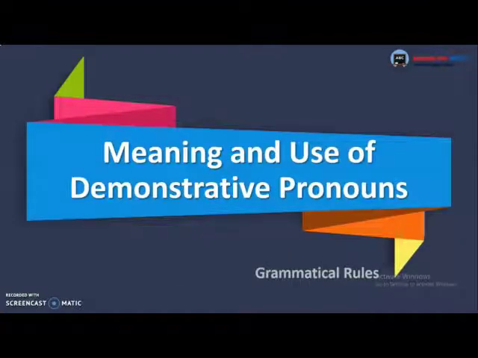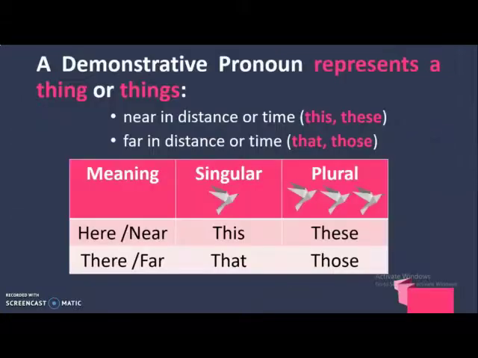So let's go to the grammatical rules in detail. We are going to see how you can use demonstrative pronouns correctly. Firstly, let's look at the types of demonstrative pronouns. So we have said demonstrative pronouns are used to show or identify one or a number of nouns that may be near to us, close to us, or far, or you can say not close.